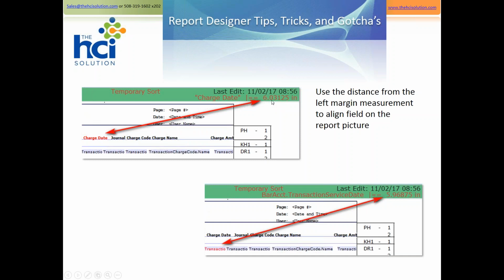This one is 6.03, but the field below it is a little closer to the left margin, at 5.9 inches. If I wanted this charge date label to be right over that other field, I would want to move the charge date field to the left until it read 5.96875 inches. So let me show you that.